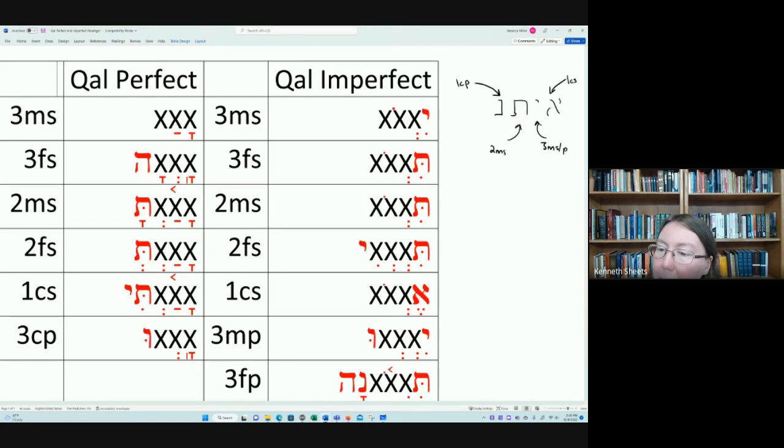That is second masculine singular and plural, second feminine singular and plural, and third feminine singular and plural. So those are what those imperfect preformatives are going to indicate.